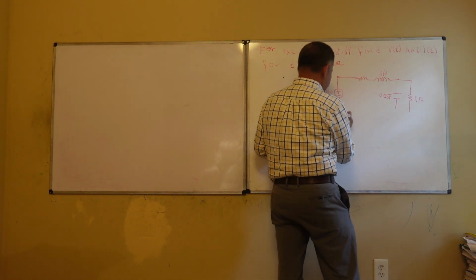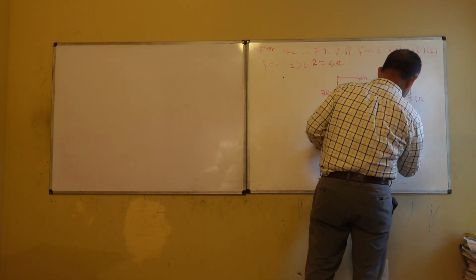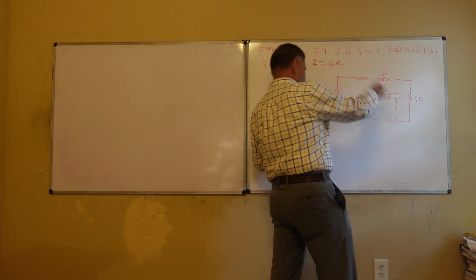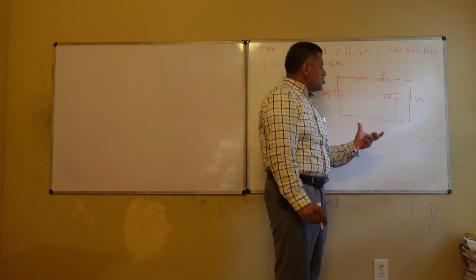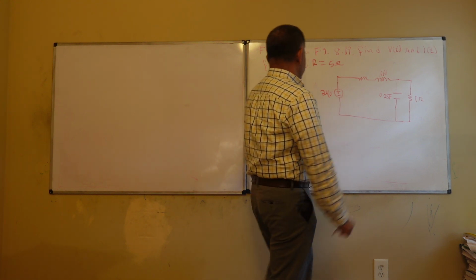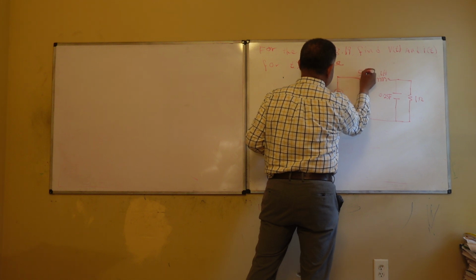Then everything goes back like that. So that is the circuit, and those are the values. R in this case is equal to 5 ohms.